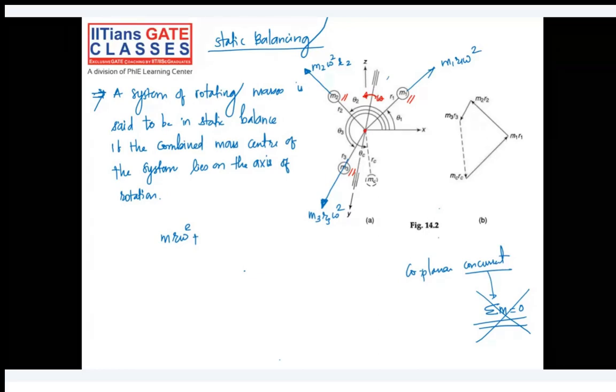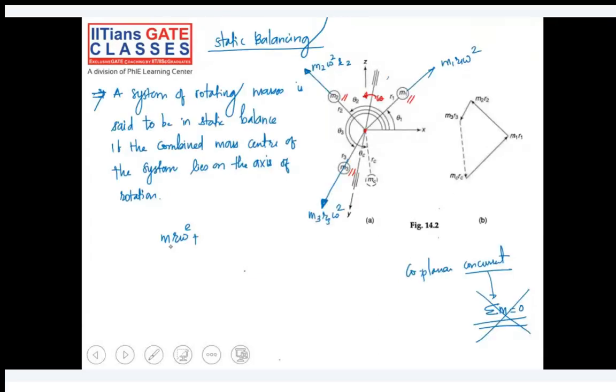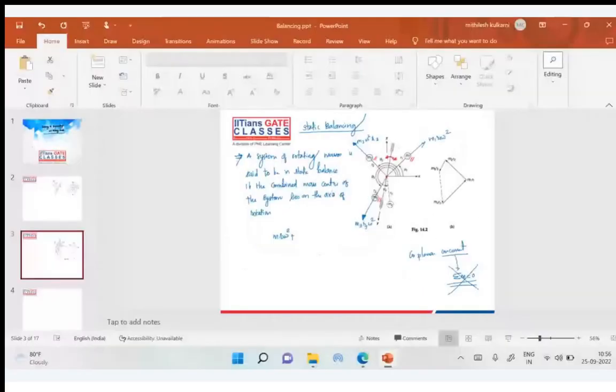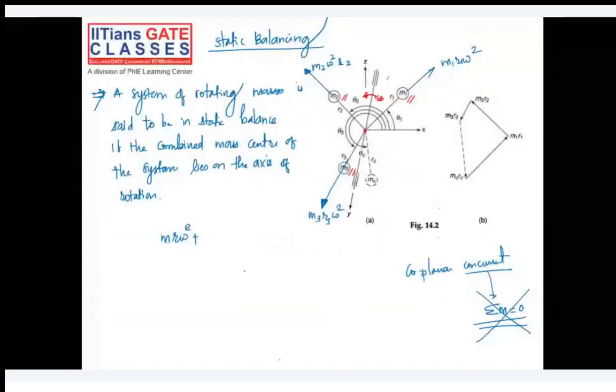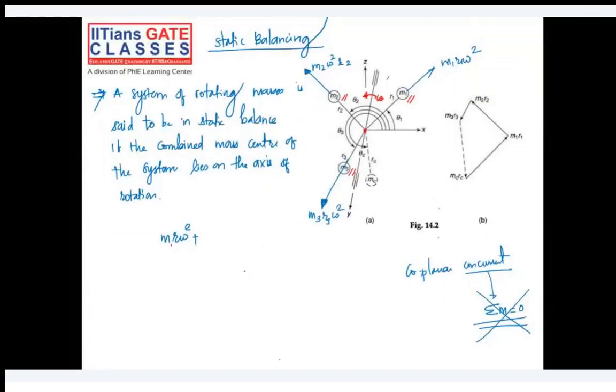M1 R1 omega square plus M2 R2 omega square plus M3 R3 omega square, if it is 0, then we'll say that this rotor is already balanced.